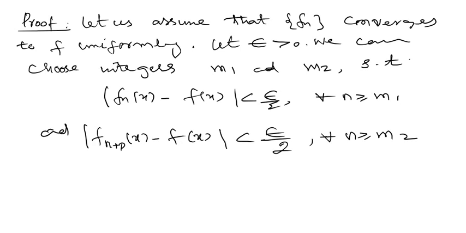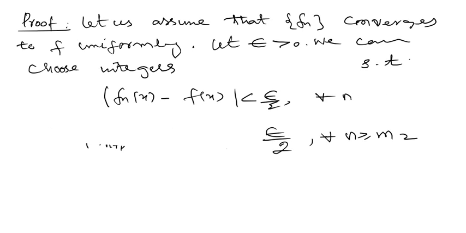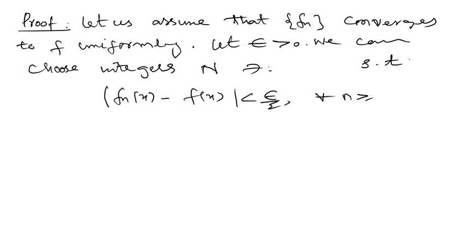I think I will have to change this too. So I should write there x to n. There exists N such that |f_n(x) - f(x)| is less than epsilon by 2 for all n greater or equal to N.